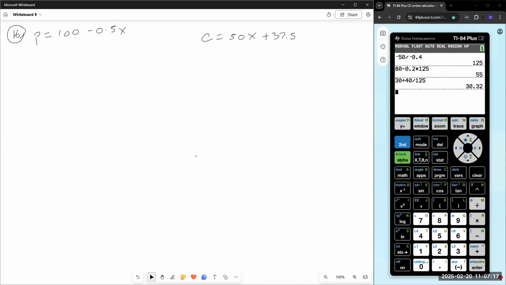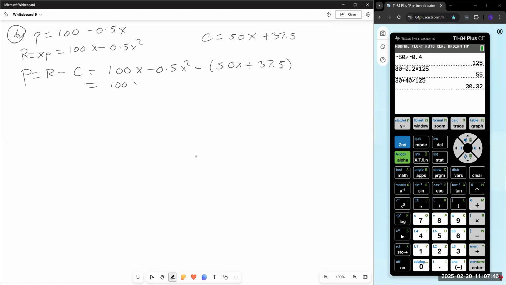So my revenue function is xP. It's 100x minus 0.5x squared. And my profit function is R minus C, which is 100x minus 0.5x squared minus 50x plus 37.5, which is 100x minus 0.5x squared minus 50x minus 37.5.